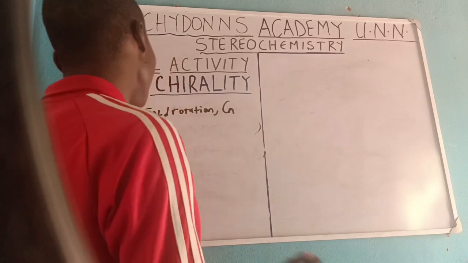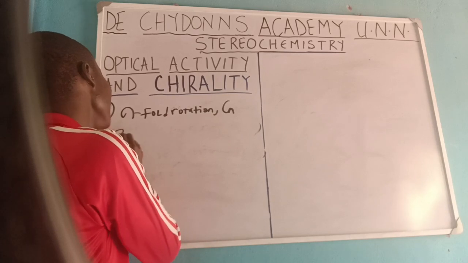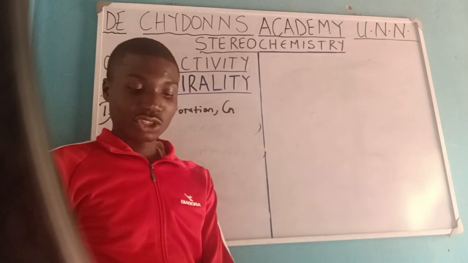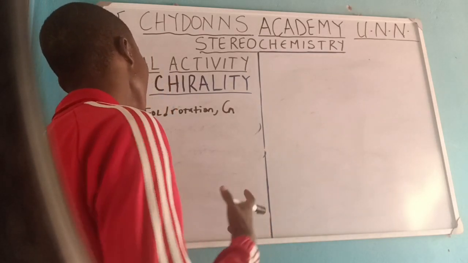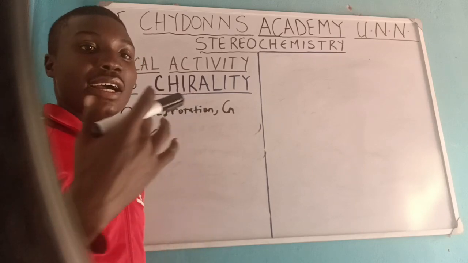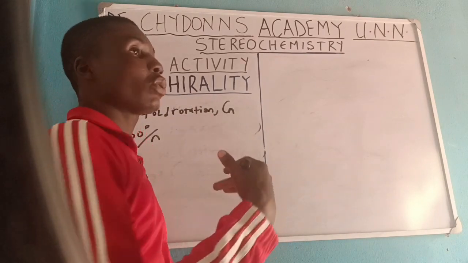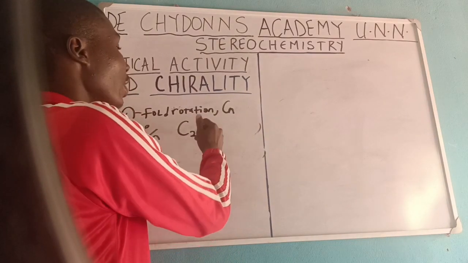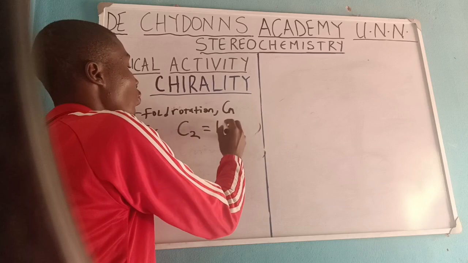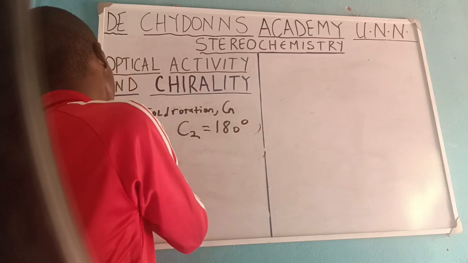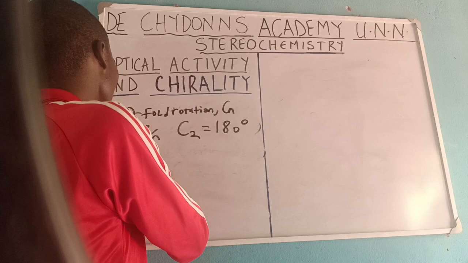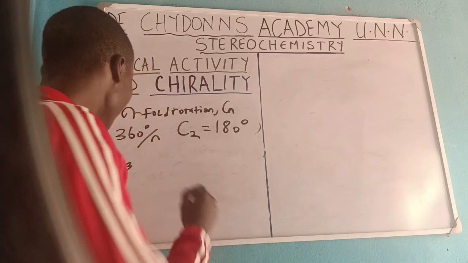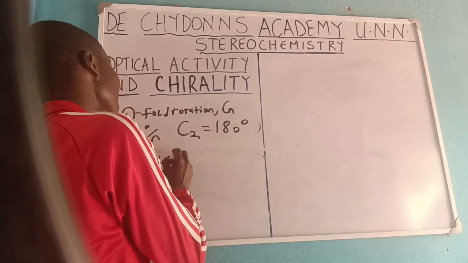So this actually refers to a rotation of 360 degrees divided by n. n can be 2, n can be 3, n can be 4, n can be 5, and so on and so forth. For example C2, that is when n is 2, is going to be 360 divided by 2, which gives us 180 degrees. C3, when n is equal to 3, is going to be 120 degrees.